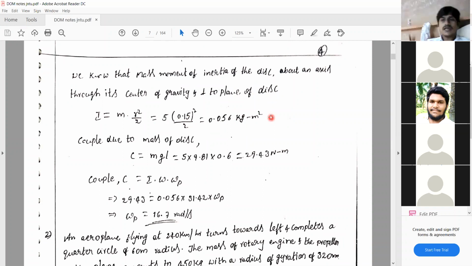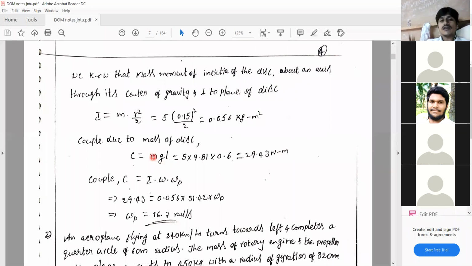I is there and omega is there, but our determining value is omega suffix p, and the couple is not given. So how do we find the couple? All of you observe that. Couple C equals m g l, the generalized formula, force into distance.